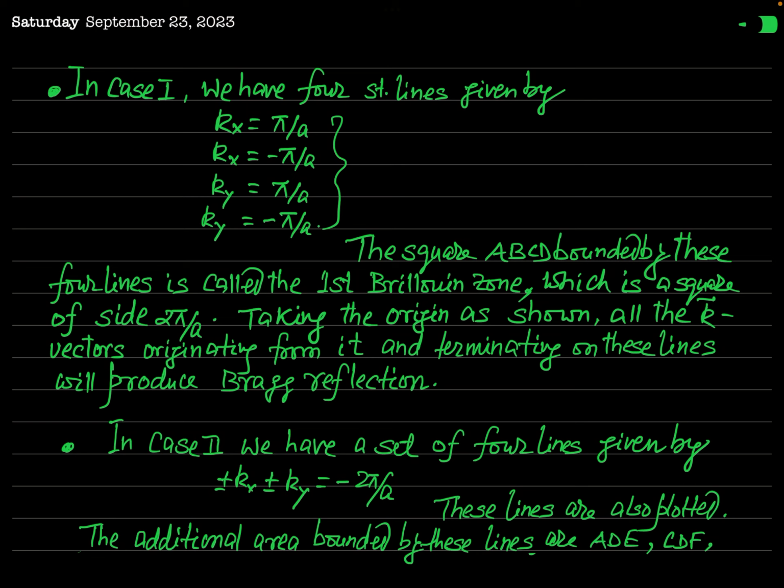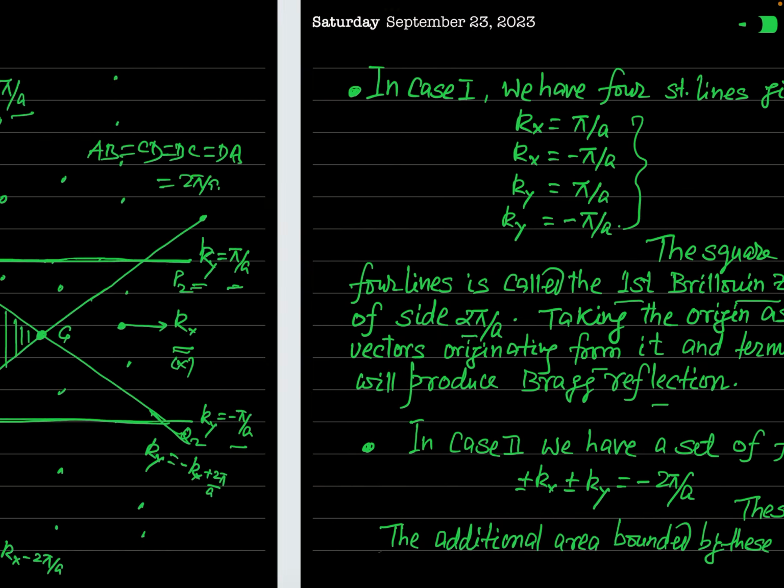The square ABCD bounded by these four lines is called the first Brillouin zone, which is a square of side 2 pi by a. Taking the origin as shown, all the k vectors originating from it and terminating on these lines will produce Bragg reflection. Okay, that will suffer Bragg reflection.